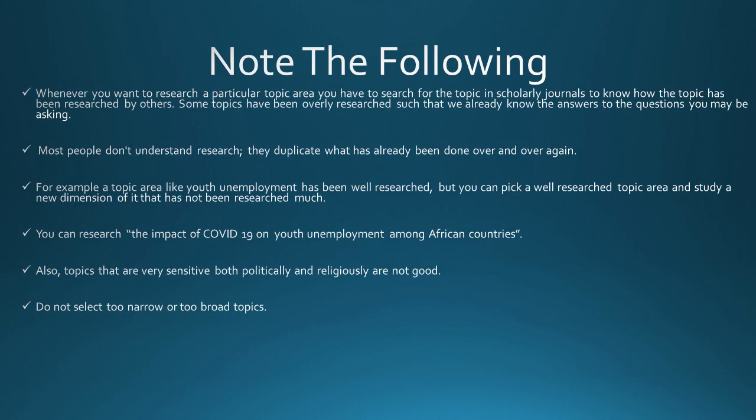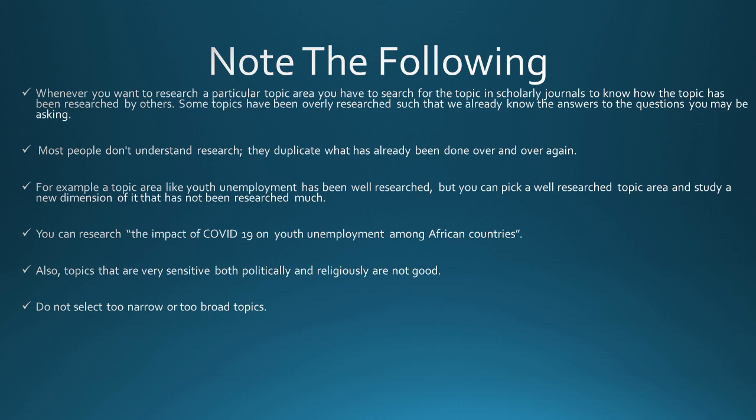Note the following. When you want to research a particular topic area, you have to search for the topic in scholarly journals to know how the topic has been researched by others. Some topics have been overly researched such that we already know the answers to the questions you may be asking. Most people don't understand research.